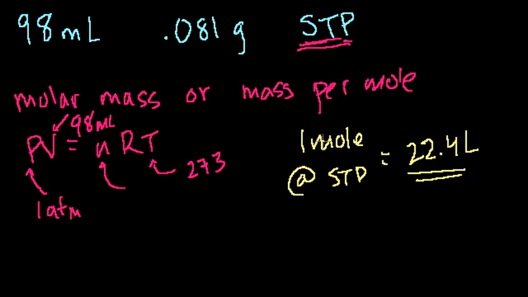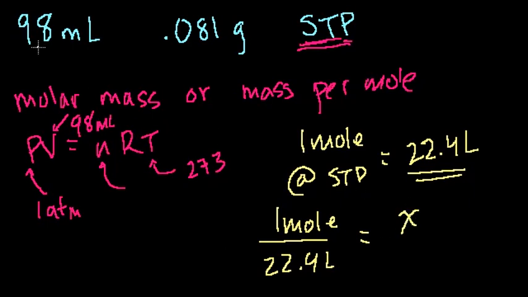But if you know that 1 mole is going to take up that much space, so 1 mole is to 22.4 liters, as x moles is to, in this question, 0.098 liters. We want to figure out how many moles of the gas we have, and we know we're at 98 milliliters. So we set up this proportional equation.